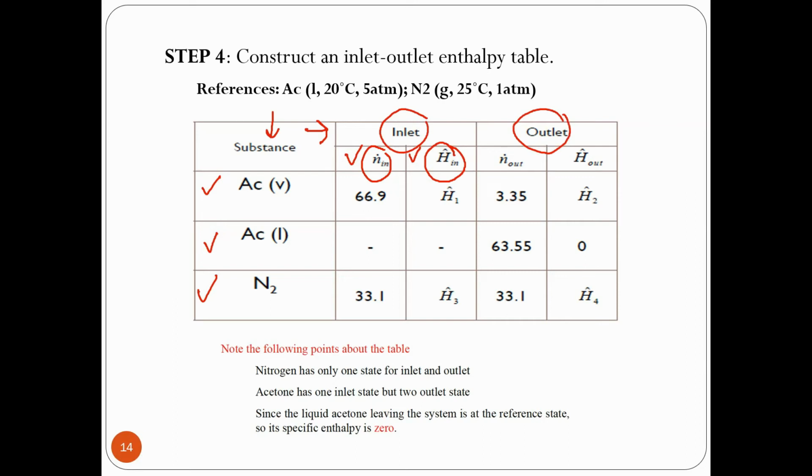So next you need to fill in the tables with the values that you're going to have. So you know that for the acetone in vapor form, the inlet is going to have around 66.9 mole per second.